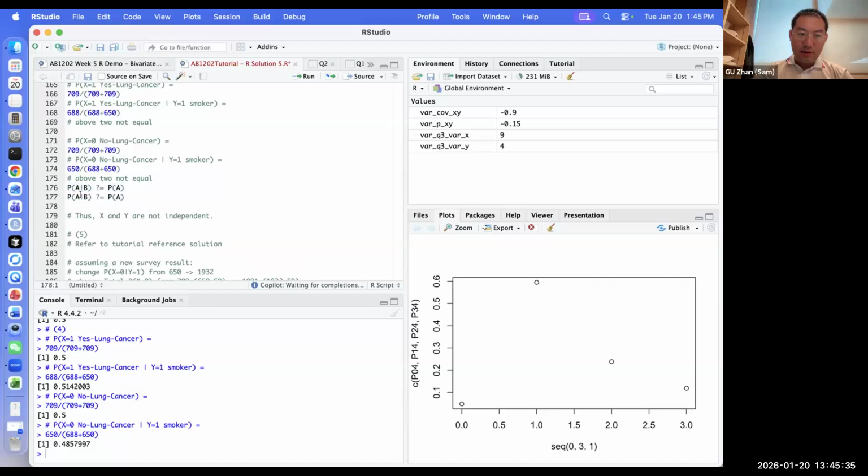Or you can say P(B given A) is equal to P(B). If these two are both equal, then we say A and B, these two random variables, are independent.